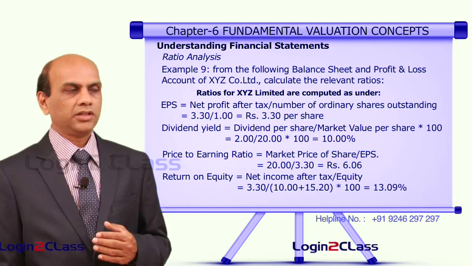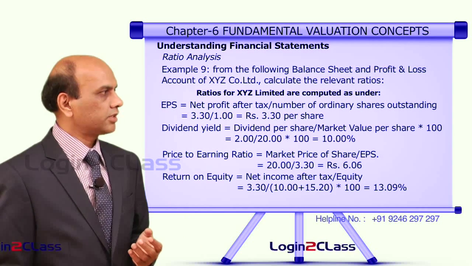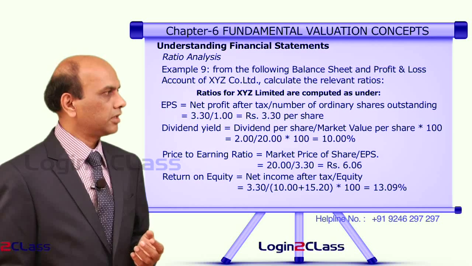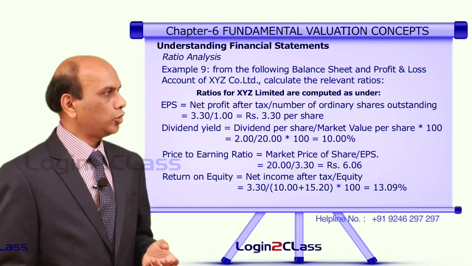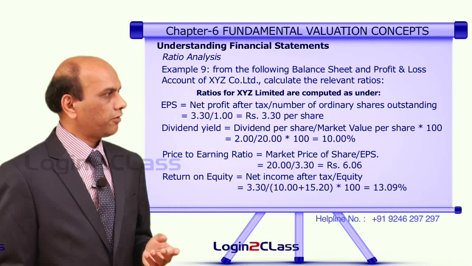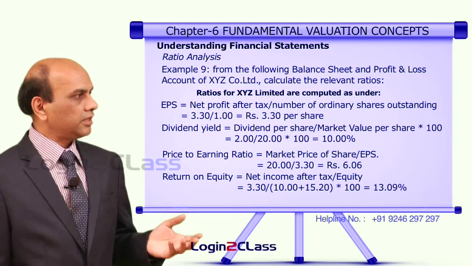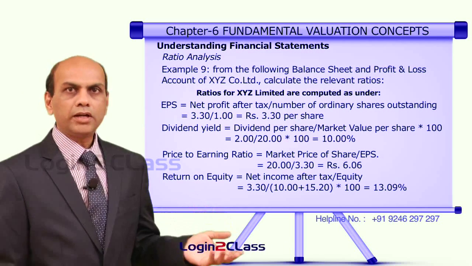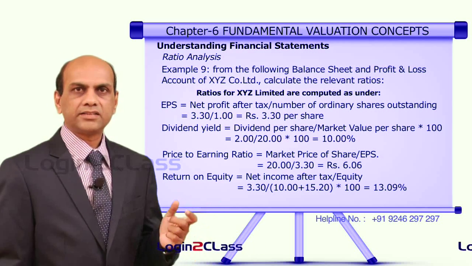Return on equity. What is the equity? Equity is share capital plus reserves and surpluses, which is given in the balance sheet. Reserves and surpluses are 15.2 and share capital is 10. So it becomes 25.2. Now what is the net income after tax? We have already calculated net profit as 6.8 and income tax as 3.5.